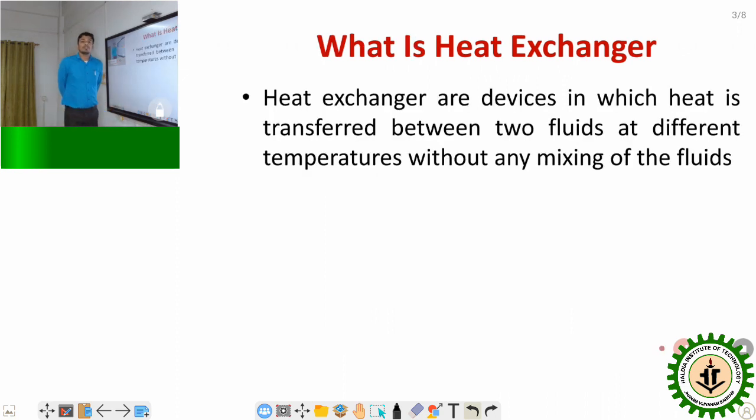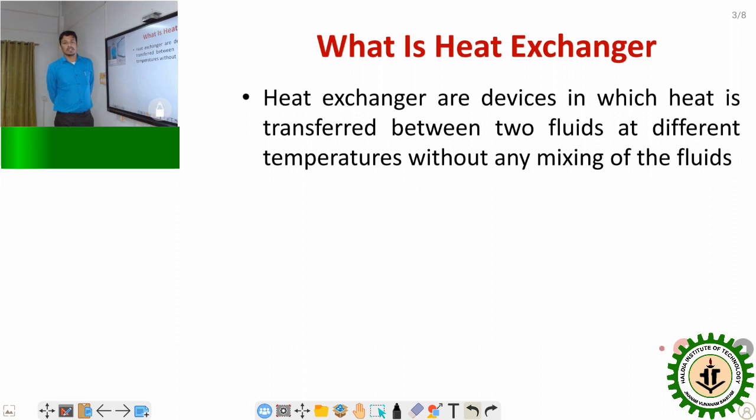As you know, the definition of heat exchangers: it is a steady flow device where the heat gets exchanged between two fluids, the hot fluid and cold fluid, without taking any heat from the ambient.